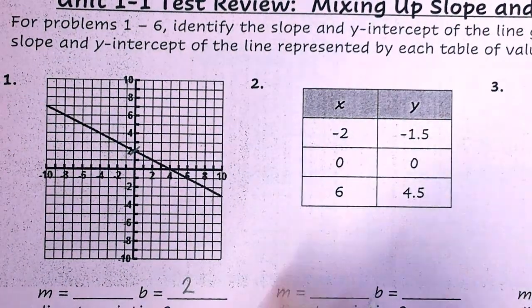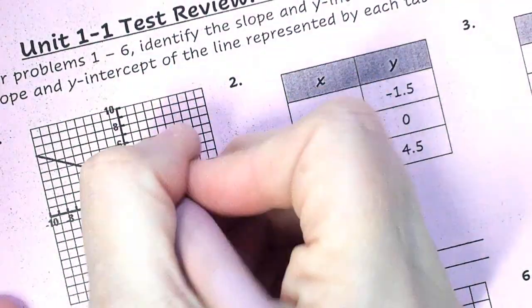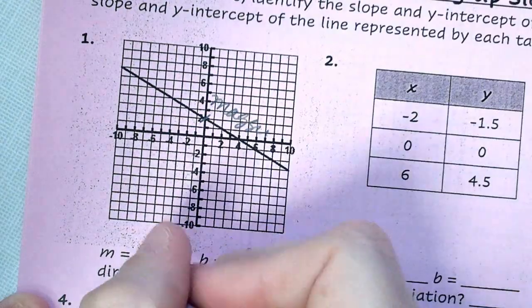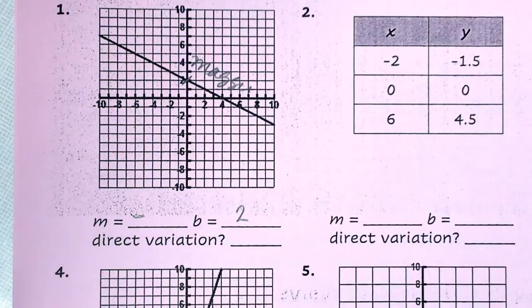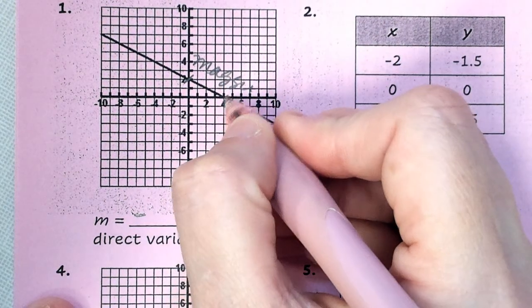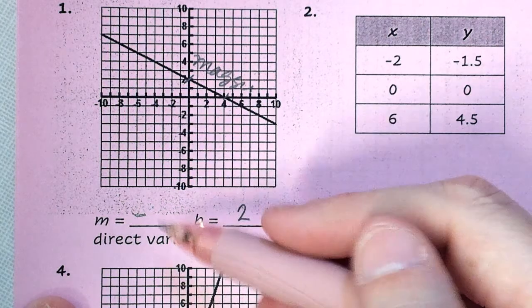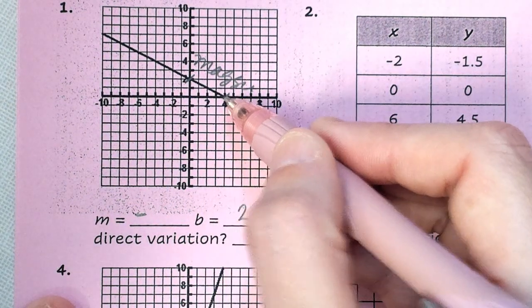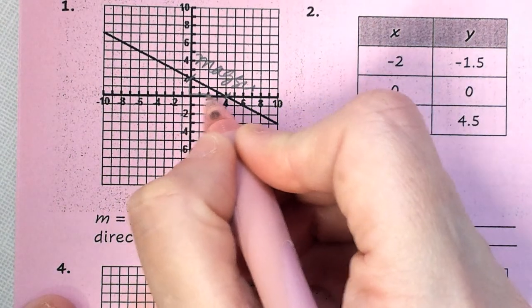Okay, now to find the slope on these graphs, first thing we do, remember, we sign the line. Okay, so I'm going downhill. That means I'm immediately going to put a negative in the space for my slope because it's going downhill. And the easiest way I've found to do it, if you can, and you can't always do it, like you can't on number 4, is to find where it crosses the y-intercept and where it crosses x, which is called the x-intercept, we'll talk about that later, and use that as your rise and run.